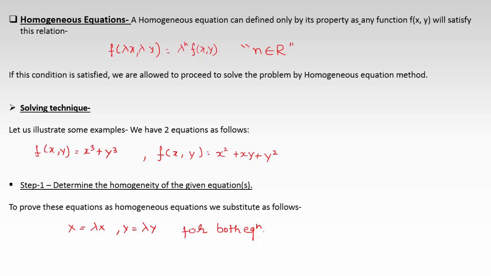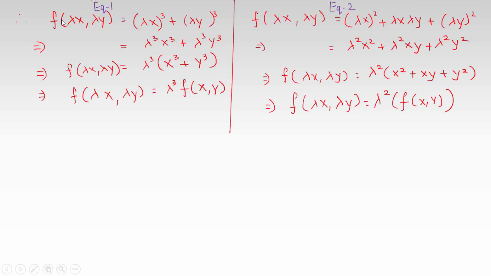As I have already told you, we have to make the function like f of lambda x comma lambda y. So when we substitute x as lambda x and y as lambda y, we'll get f of lambda x comma lambda y for both the equations. Now let's proceed with our given substitution. f of lambda x comma lambda y is equal to (lambda x) cube plus (lambda y) cube.